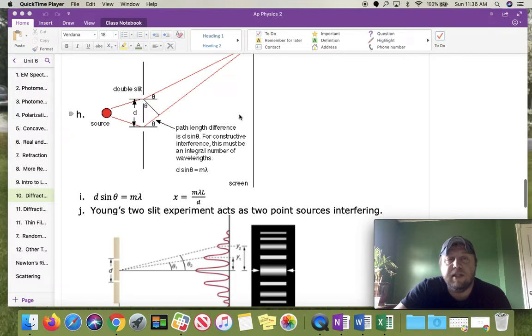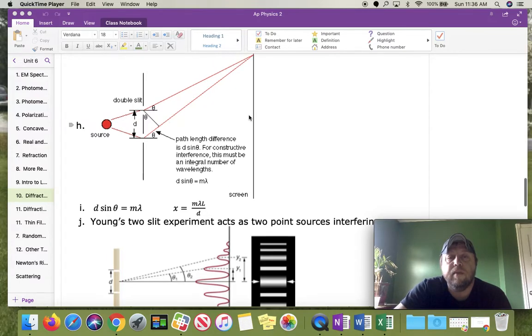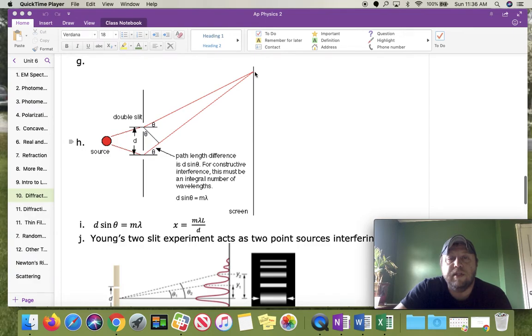This is the distance to the screen, so this is L. We will use the distance to the fringe here as x. And if we say tangent is opposite over adjacent, that's going to be tangent of theta is x over L. But since this is such a small angle, we can also say that tangent is equal to sine. So we can say sine is x over L.